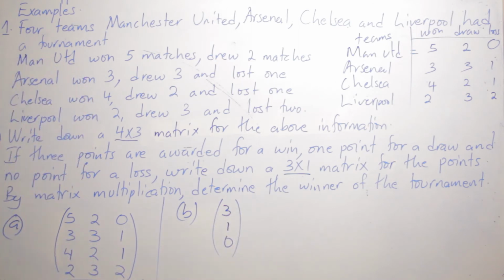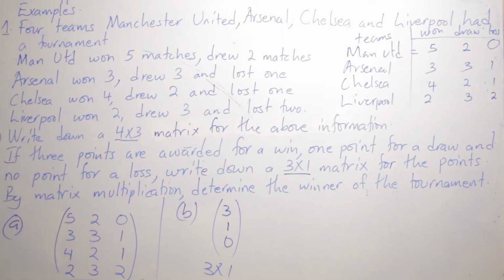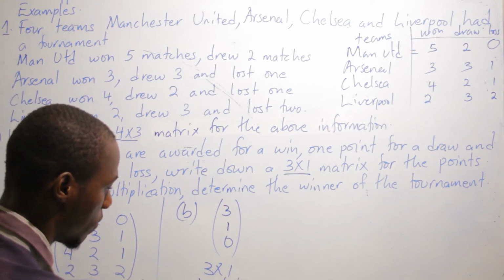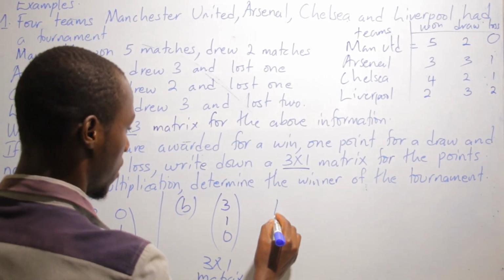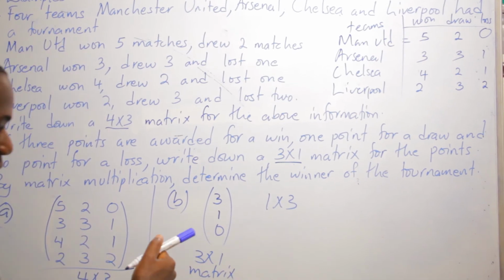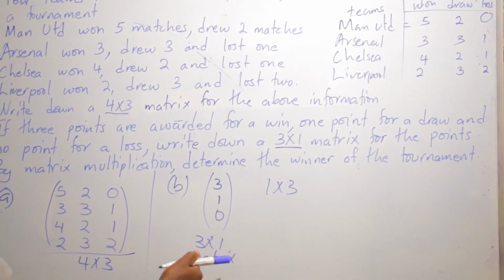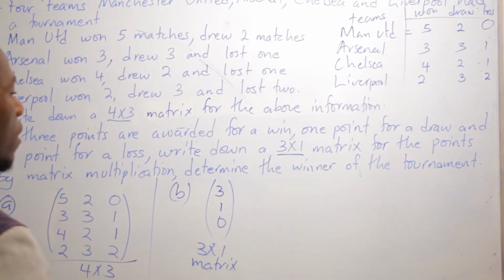So that one there is a 3x1 matrix. Students make a mistake and they write 1x3. This one here is the 3x1, which is not a 1x3.